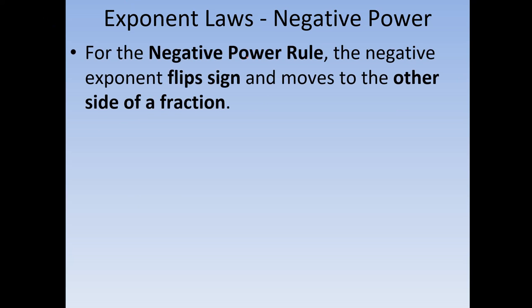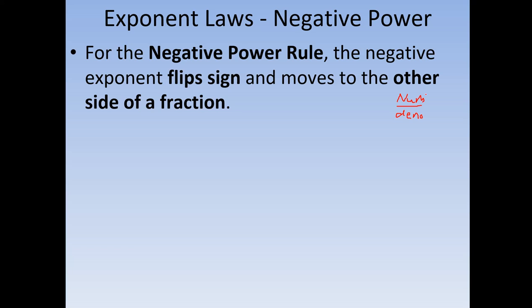So the main gist of the negative power rule is that whenever we have a negative exponent, we can flip the sign of that negative exponent and then move it to the other side of the fraction. So as you know, we have two sides of the fraction. We have a numerator and a denominator.